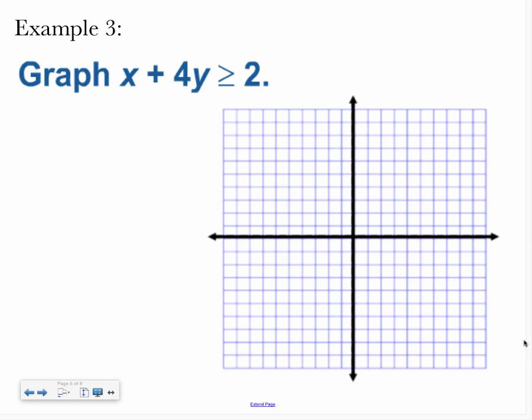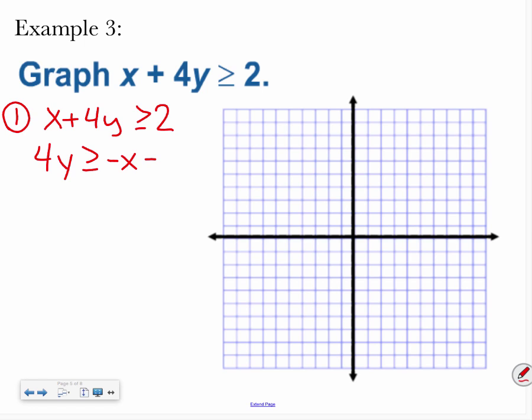So if we start with step 1, solve for y, we have x plus 4y is greater than or equal to 2. So I'm going to subtract x from both sides. And then I want to get y by itself, so I'm going to divide everything by 4.